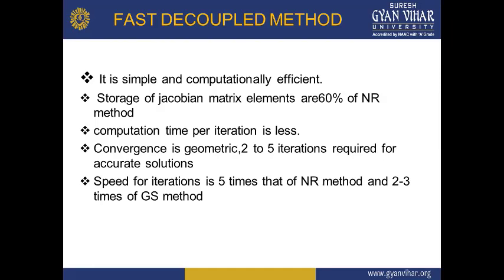The convergence is geometric, and 2 to 5 iterations are required for accurate solutions. The speed per iteration is 5 times that of the Newton-Raphson method and 2 to 3 times that of the Gauss-Seidel method in the case of the fast decoupled method. So in this way, we can see how the fast decoupled method is much better compared to the Gauss-Seidel method and the Newton-Raphson method.